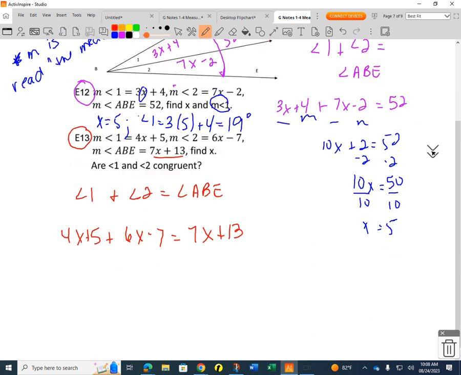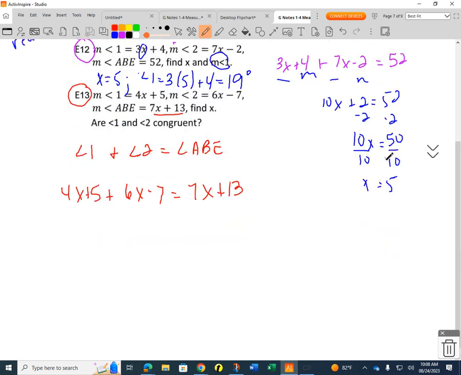So now we are combining like terms and then getting our variables on the same side and then solving that equation. So 4x and 6x is 10x, 5 minus 7 is negative 2.